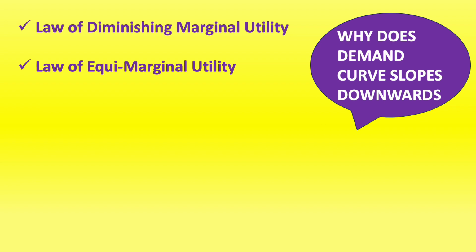Now, the law of equi-marginal utility. This concept is also given by Professor Alfred Marshall, and here it is equi-marginal utility, that is, equal satisfaction from the additional commodity which the consumer gets. For example, if a person wants to buy apples and oranges, he has 100 rupees with him, so he spends on purchasing apples and oranges.